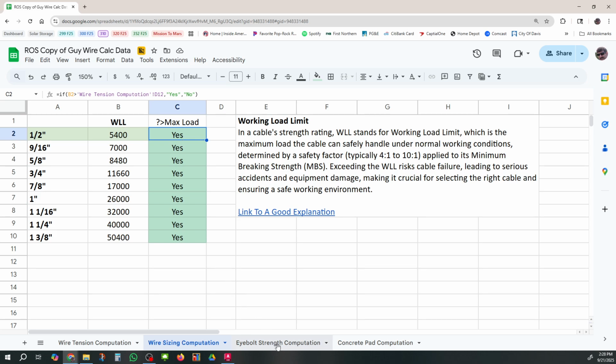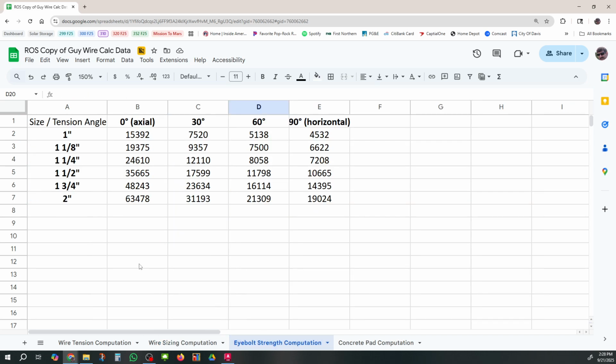But now it's got to hook into an eye bolt. So eye bolts also have maximum working loads at certain angles. So this can pull off at a weird angle, horizontal, straight up and down, the angle that it's pulling at.